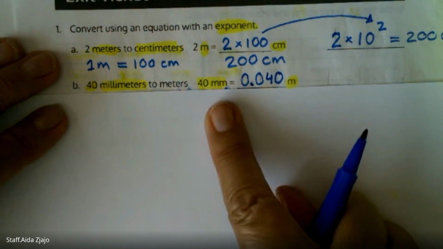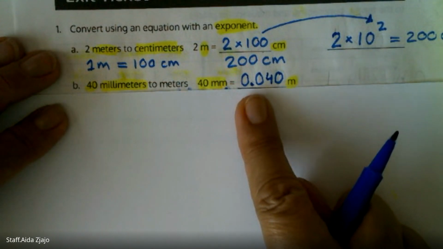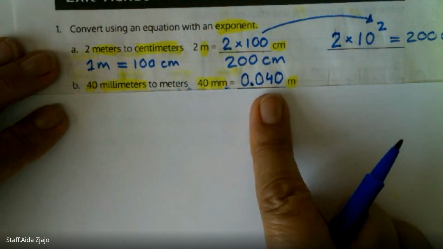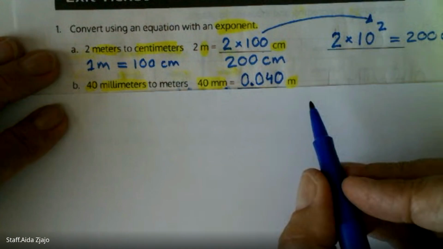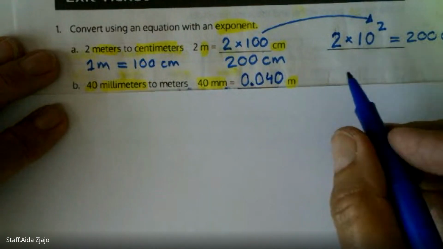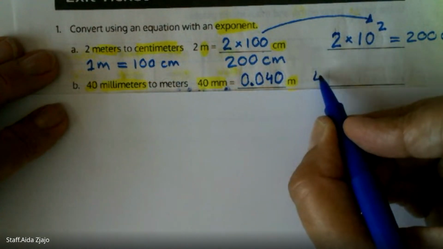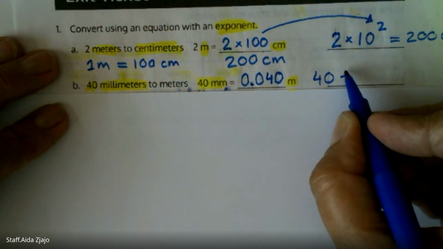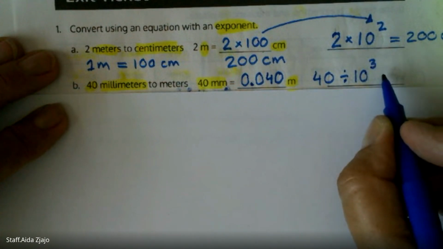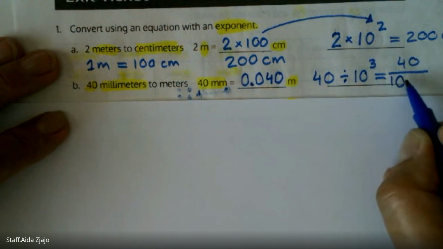So what does this mean? 40 millimeters could be written as 0 wholes and 40 thousandths. You can think about it like this: you have 40 millimeters, and you divide that by 10 to the power of 3, which really is 40 out of 1,000 pieces.